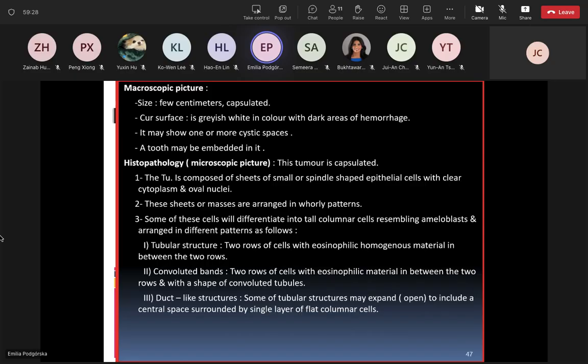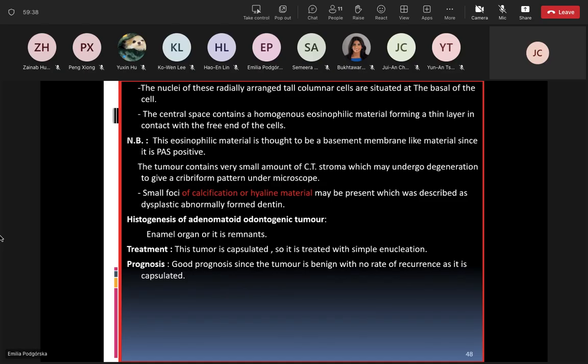And duct-like structure: some of the tubular structures may expand open to include a central space surrounded by a single layer of flat columnar cells. The nuclei of the radially arranged tall columnar cells are situated at the basal end of the cell. The central space contains a homogeneous eosinophilic material forming a thin layer in contact with the free end of the cells.